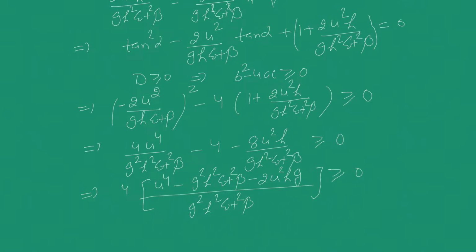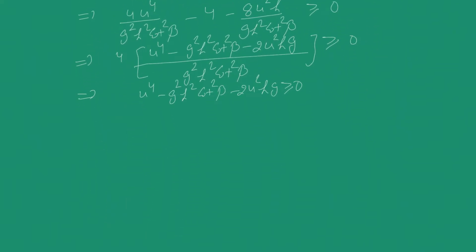So this further implies that u to the power 4 minus g square h square cot square beta minus 2 u square h g should be greater than or equal to 0.